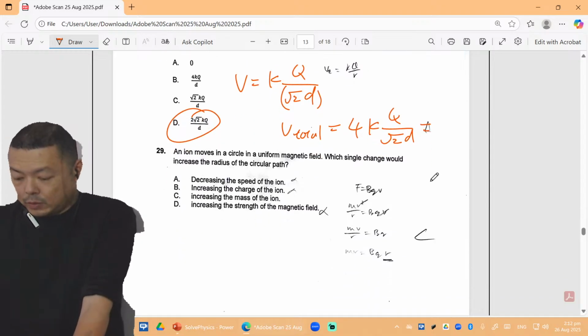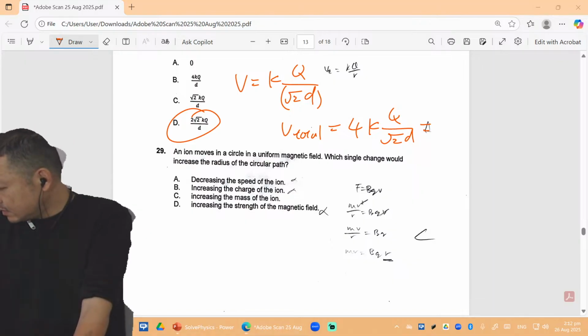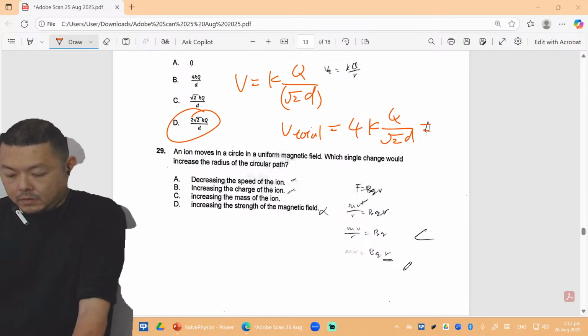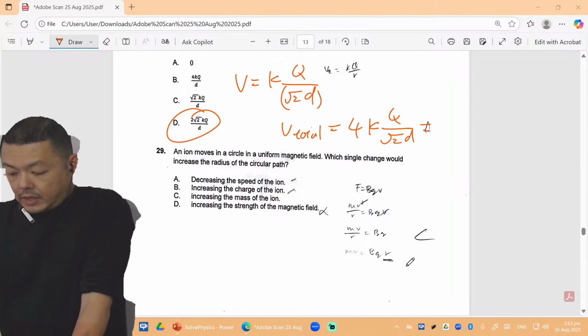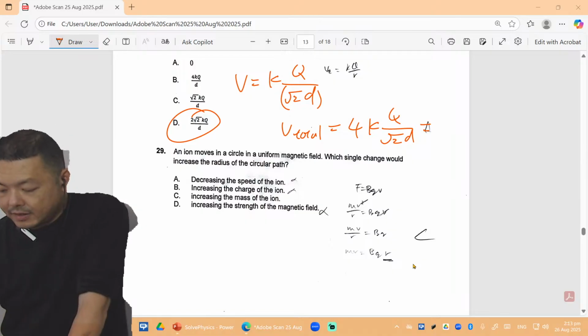Okay, 29. So this is BQV equals MV squared over R, right?